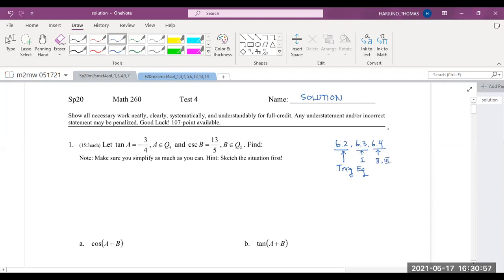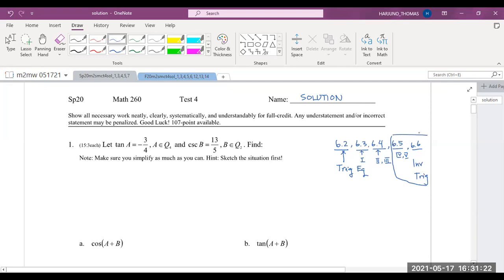We still have quite some material to go over. Like 6.5, I think that's group 4 and 5. 6.6 is inverse trig, which we will go over tomorrow, Tuesday, Thursday class.